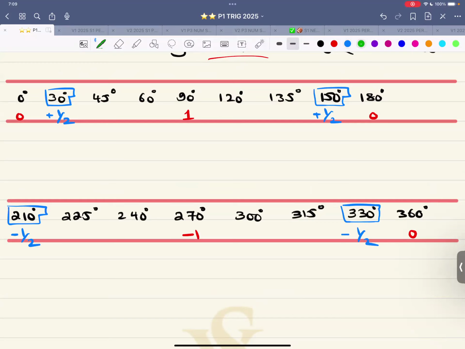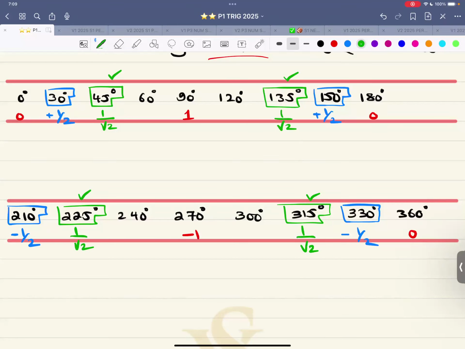When we talk about 45 degrees, 45 is associated with 135, 225, and 315. They all have the same basic angle, remember? So each of these is 1 over root 2. Acute positive, obtuse positive, reflex ones both negative. And then we have 60 degrees. This is associated with 120, 240, and 300.